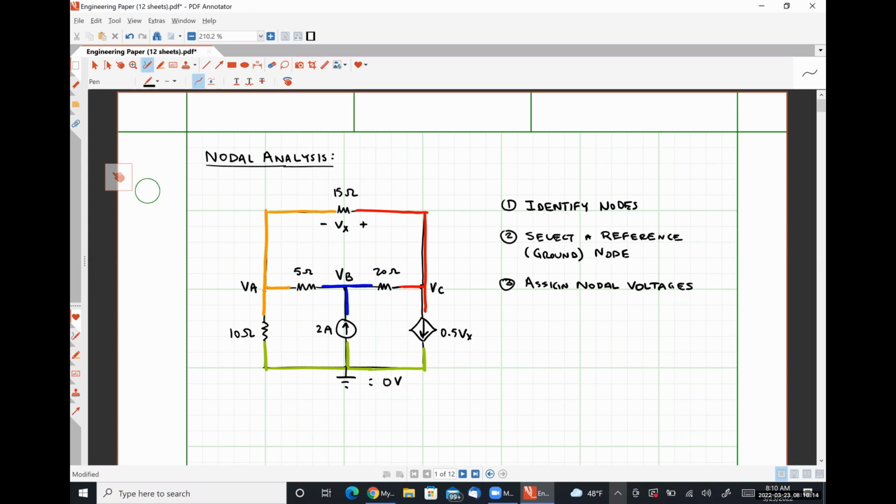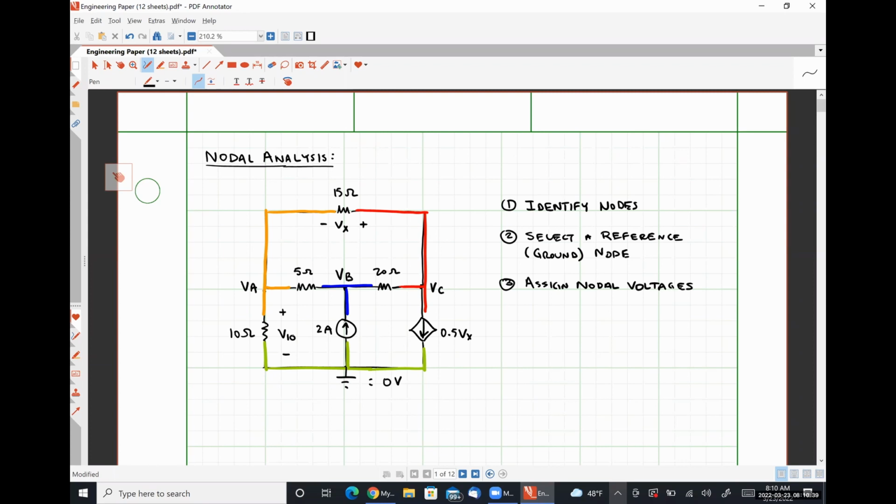So the nodal voltage VA is a shorthand notation for the voltage drop over the 10 ohm resistor, okay? So VA represents the positive polarity terminal of a voltage drop, and ground represents the negative polarity terminal of the voltage drop.